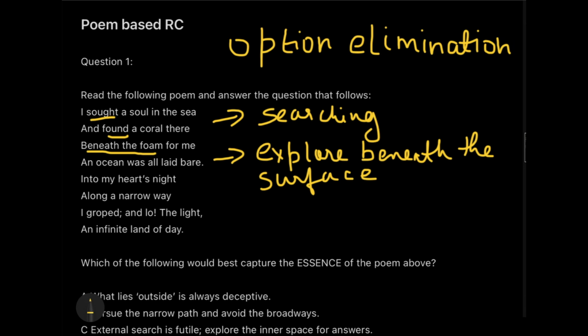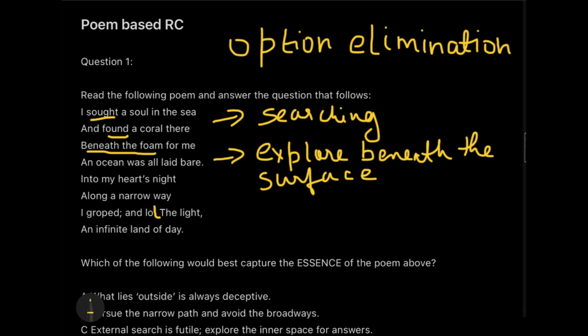Into my heart's night, along a narrow way, I groped and lo! the light and infinite land of day. Okay, so here they are talking about what happened inside my heart. There was night, that means darkness.